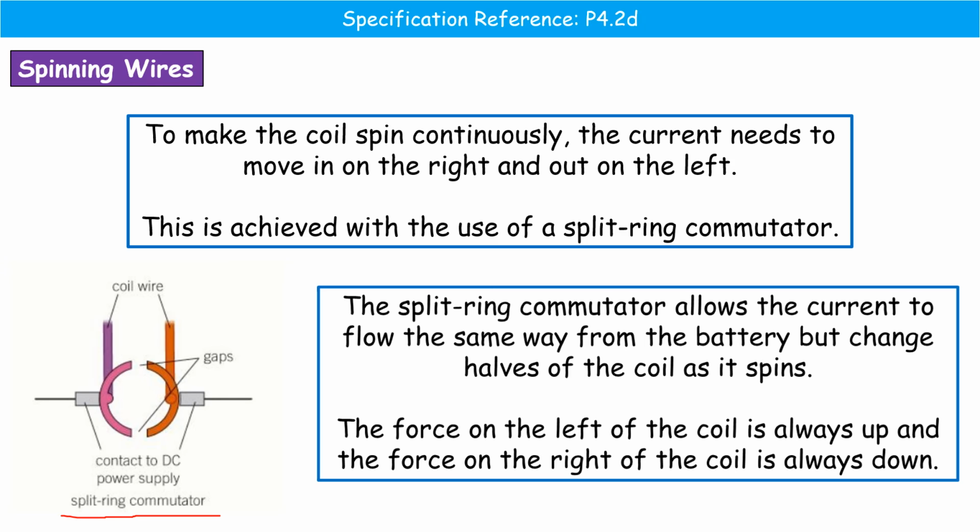What we've got is a little semicircle connected onto the coil wire, and then they sit on little contacts to the power supply. As this whole thing spins, it's going to disconnect at the gap. So when the gaps are next to our contacts, obviously it has no connection, but because we've got momentum, it just keeps spinning. Then as it makes contact again, it will make sure that the force is always in the same direction on that particular side.